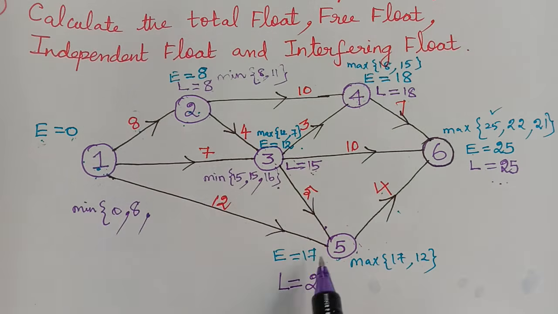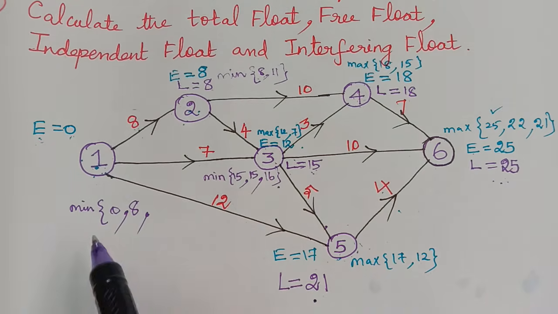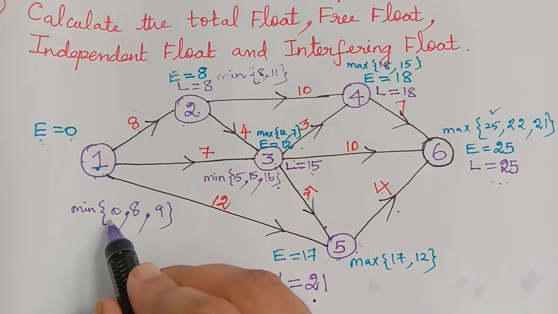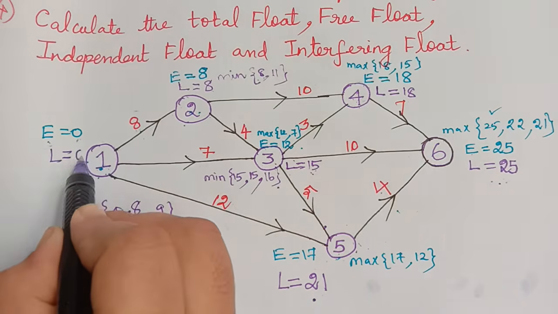And also from 1 to 5 we have an activity. So the value of L is 21 here. So 21 minus 12 we have to do, and so we get 9. But what is the minimum of these three? Obviously 0. So the value of L for the event 1 is 0.